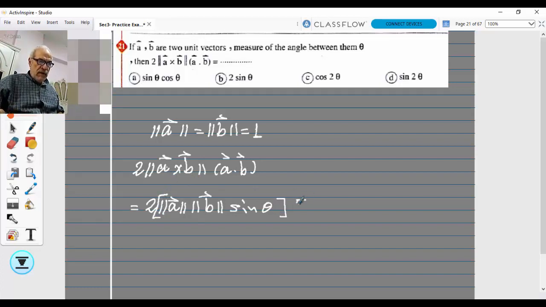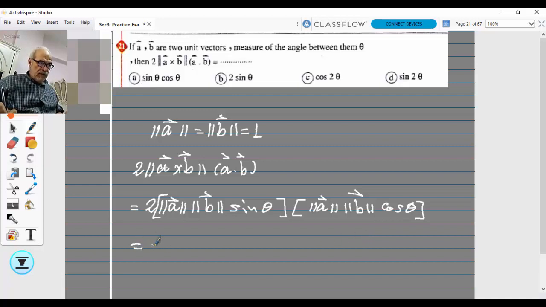Second part, A dot B equals norm of A, norm of B, cosine theta, theta being the angle included between them.